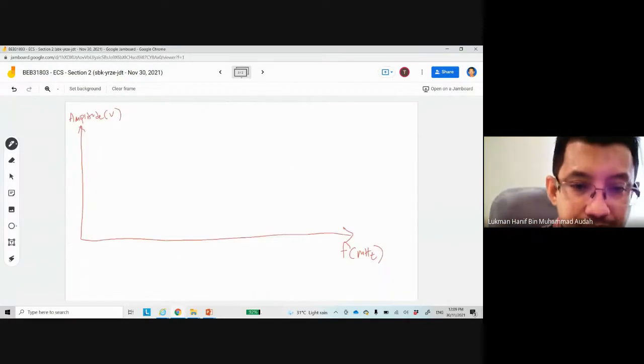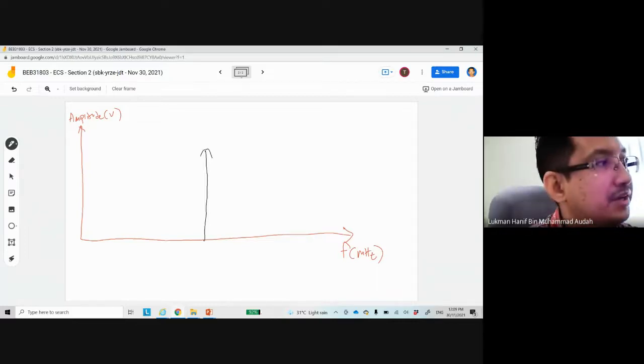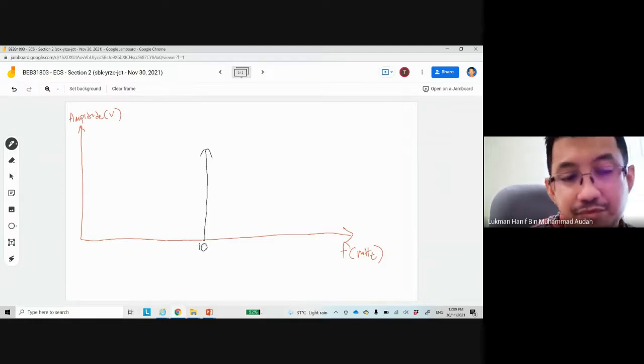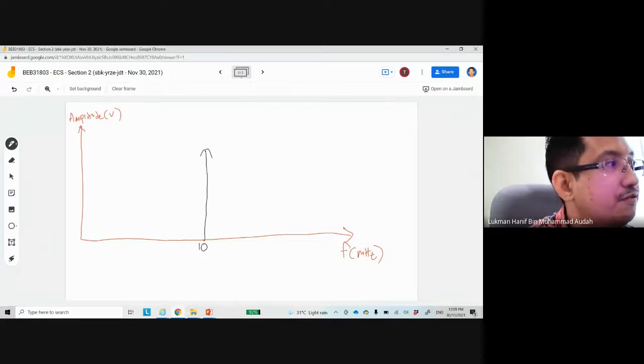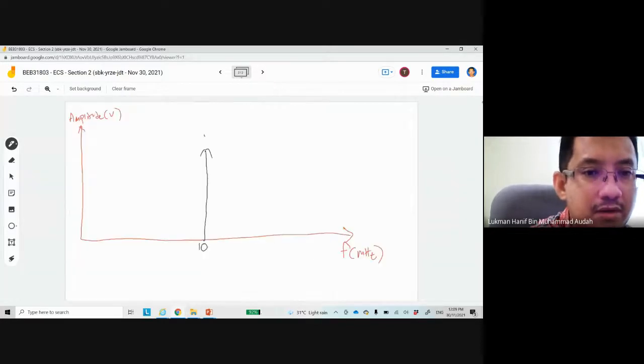Oleh itu, saya lukislah. So first of all, I draw the center. Mula-mula saya lukis center. Center pada carrier, which is 10 mega. And this is supposed to be V0. V0 kalau you lihat di sini adalah 940 volt.